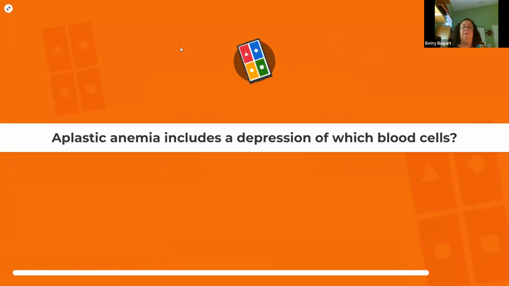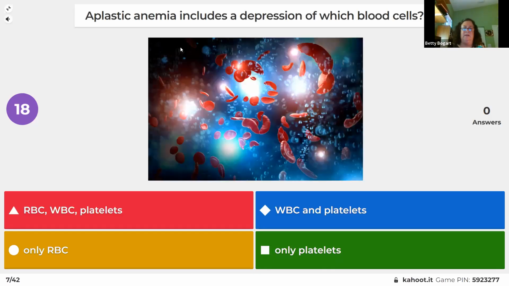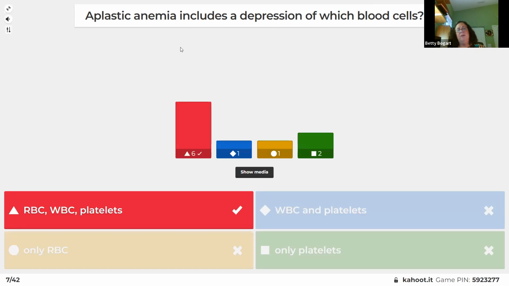Aplastic anemia includes a depression of which blood cells? Aplastic anemia. So it's your red blood cells, your white blood cells, and your platelets. And what's the treatment?